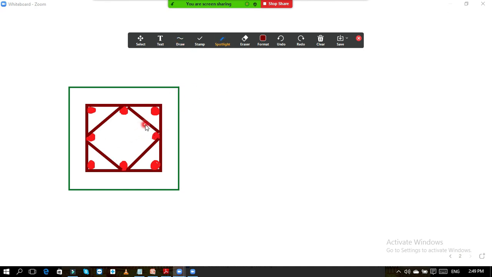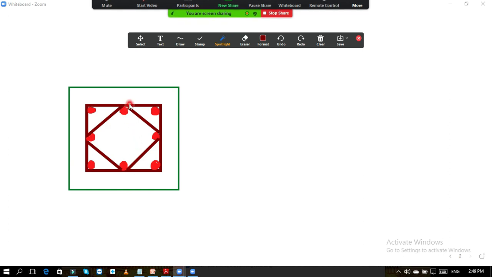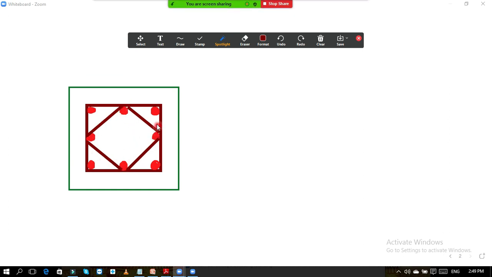So in the examination, pay attention over here. This is the stirrup which you have already shown, which is already provided. This is the additional stirrup which I have provided, which is not designed over here. If you don't show this in the examination, don't worry, you will not lose any marks.